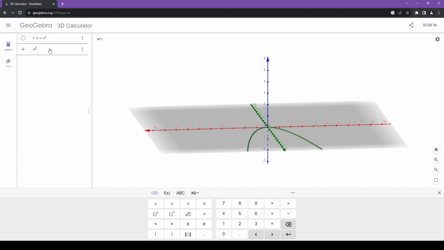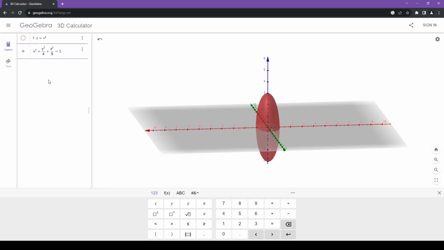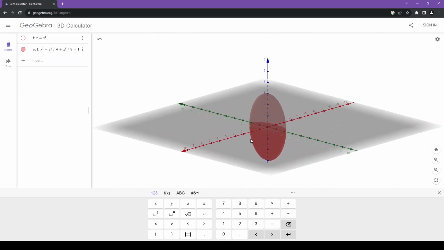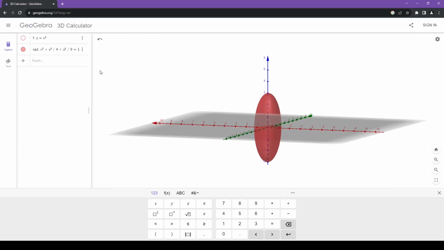Our second example that we had was x squared plus y squared over 4 plus z squared over 9 equals 1. Oh wow, it's an ellipsoid. We did it. Okay. So, very powerful tool.